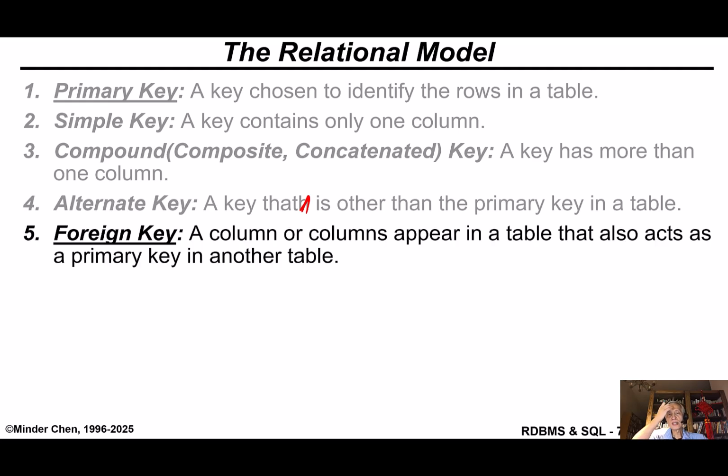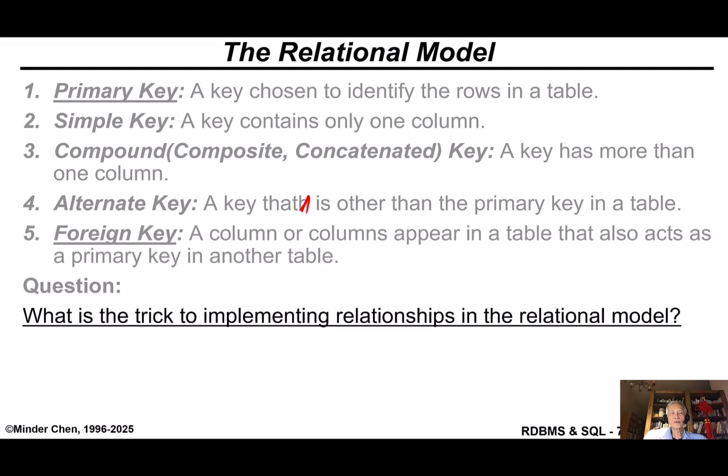A foreign key, as we described earlier, is a column or columns appearing in a table that also act as a primary key in another table. So the question here: what is the mechanism or trick to implement a relationship in a relational model? It is the foreign key, or the foreign key and primary key pair.